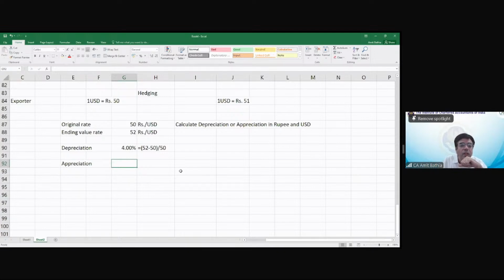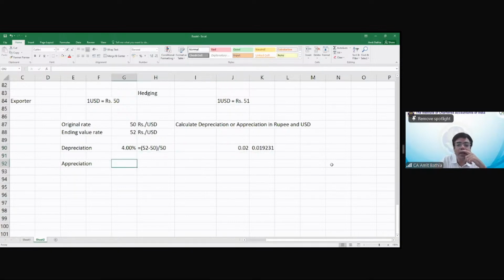I'm not confirming that. So first and foremost, you will need to convert this into USD. Then only you can find the appreciation, right? Because this will become 1 upon 50 and this will become 1 upon 52. Are you with me? Yes, sir. So I have 1 upon 50 as the original rate, and that has become 1 upon 52. Am I right? Yes, sir.